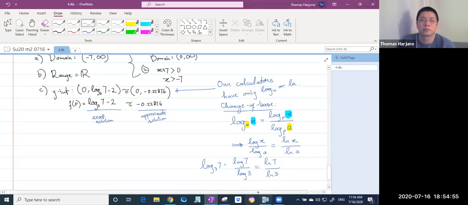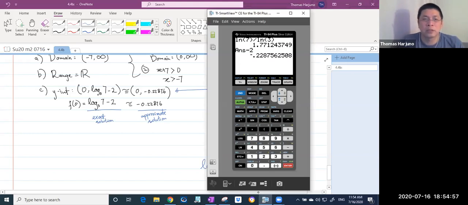Now that's how to use the calculator. We will bump into that again later. But let me go back to our notes.